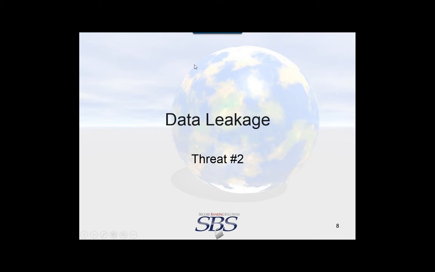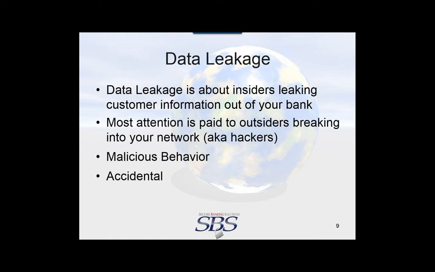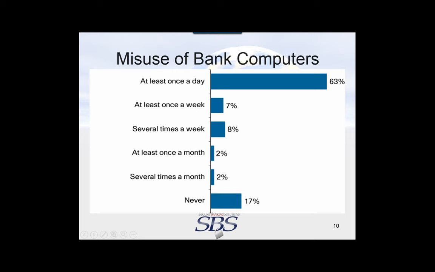The other major threat that you have going on right now isn't the hacker breaking in, it's the insider stealing information out. And sometimes it's accidental. It's like, oops, sent information out. And sometimes it's not so accidental. And here's the deal, bankers, people misuse equipment.